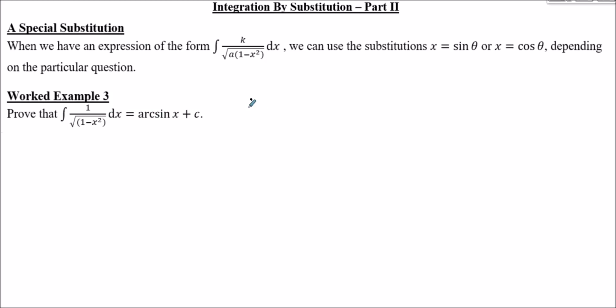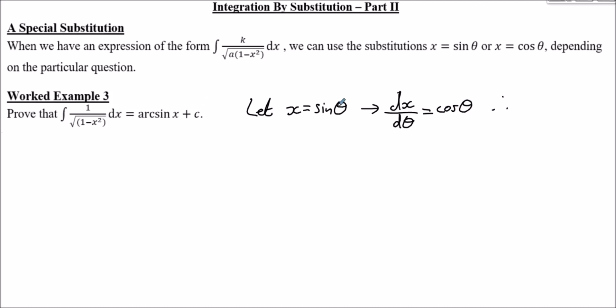So if x were equal to sine theta, we can take du by dx. Sorry, I'm so used to talking in terms of u. We've not even got a u here. What am I talking about? It's x and theta. So if I differentiate x, I mean to say, folks, dx by d theta will be cosine theta.